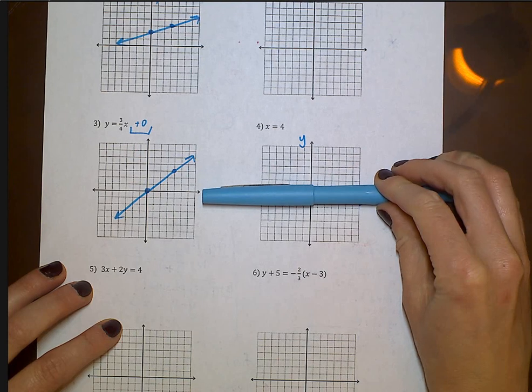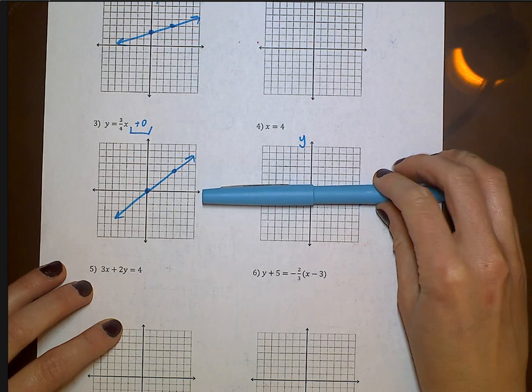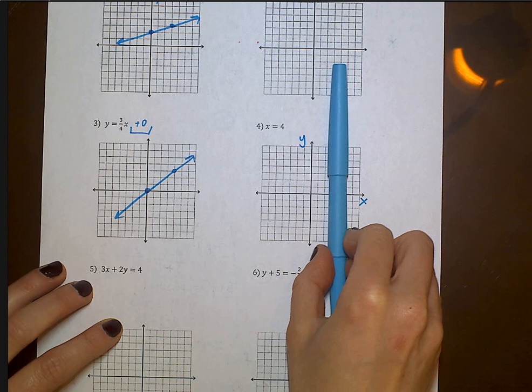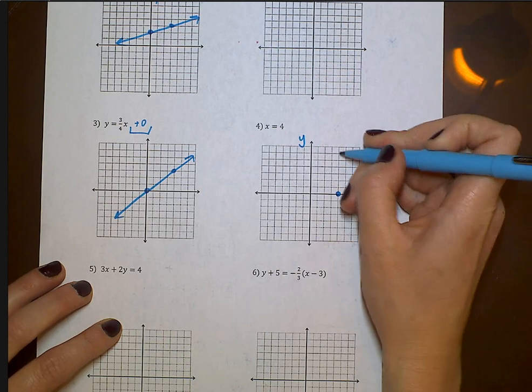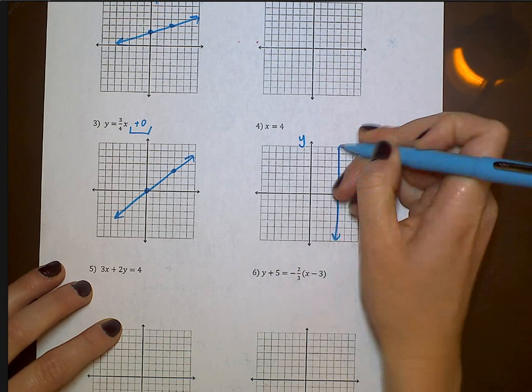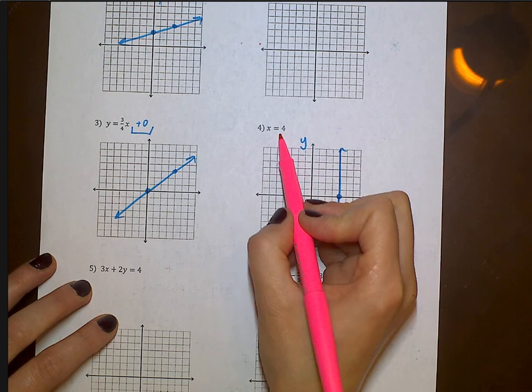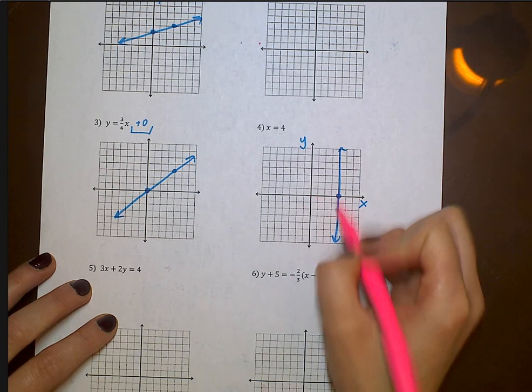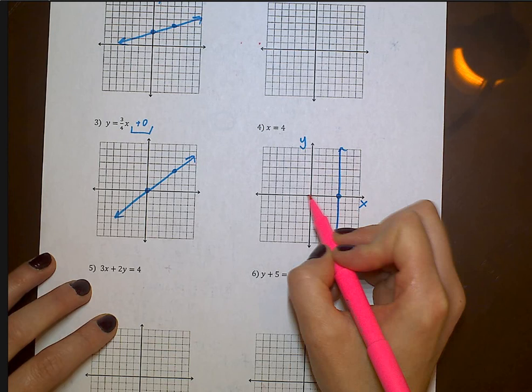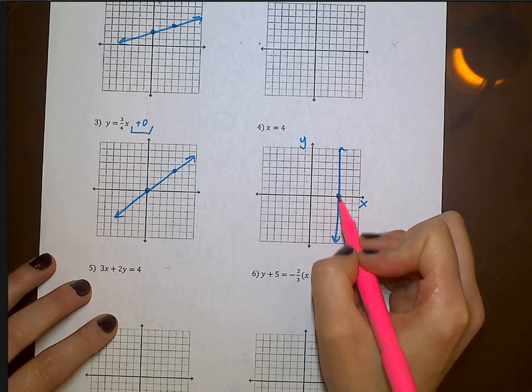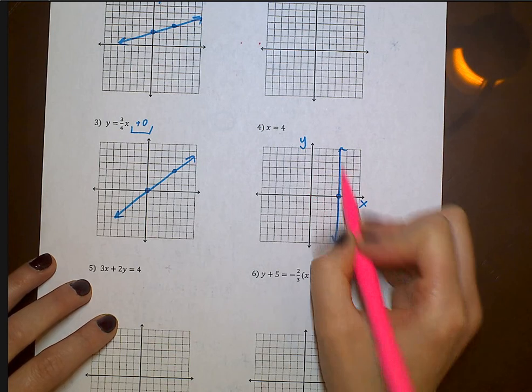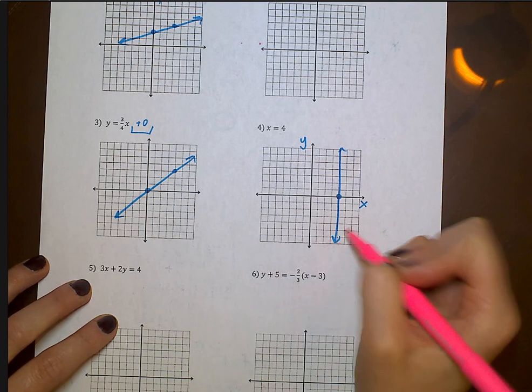An x equals line is going to go the opposite way. So you just want to draw a vertical line through this point. On this line, every single x value is 4. For all the points, it's like 4, 1, 4, 3, 4, -4. Every single x value is 4 on that line. That's what I'm trying to show with that equation.